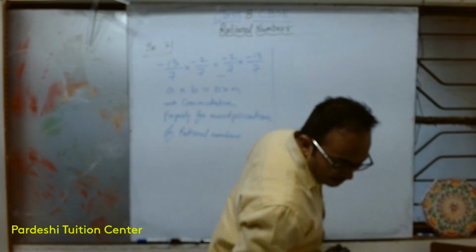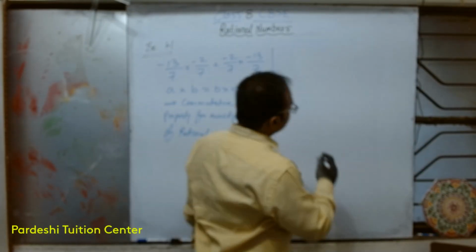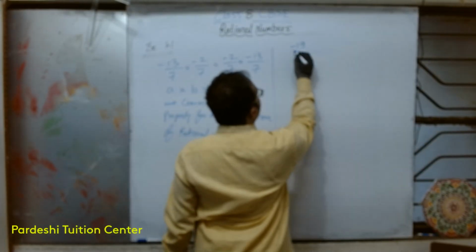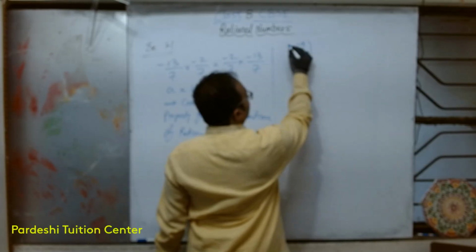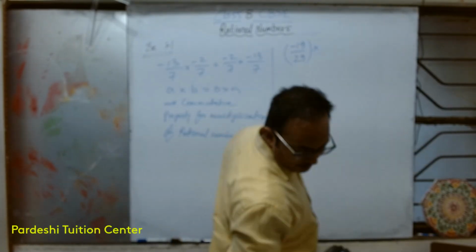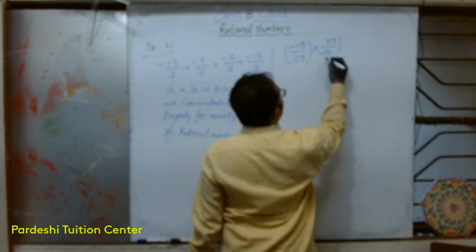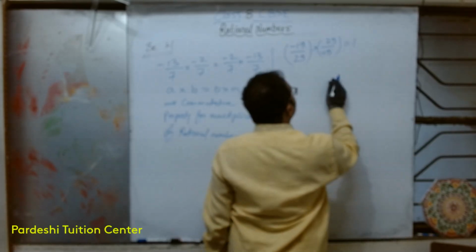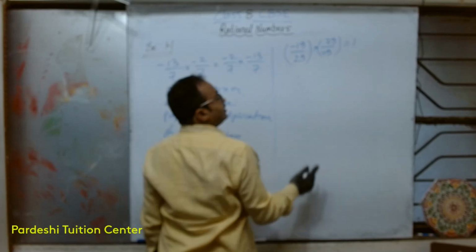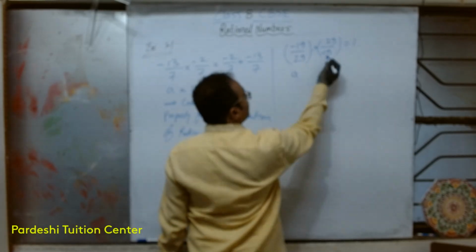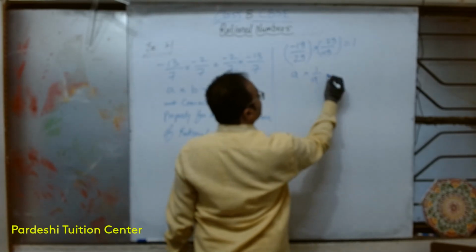Next part, minus 19 by 29, which when multiplied by 29 by minus 19 will give you 1. So here minus 19 by 29, if it is A, then A into 1 by A is equal to 1.